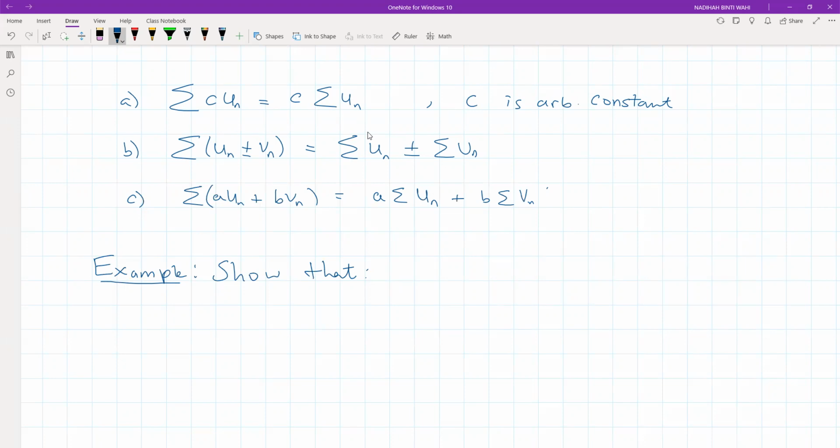This is applicable to any series. Okay, show that we have 1 over 1 plus 1 over 3 plus 1 over 6 plus 1 over 10. I want you to see the pattern. Plus 1 over 15 plus 1 over 21 plus something. So this series equals 2.